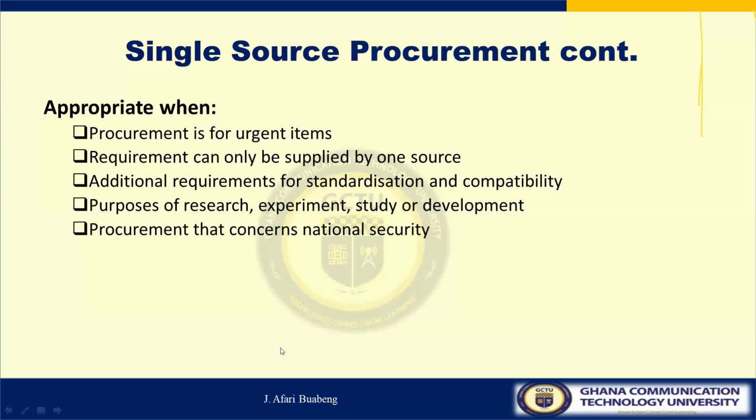Even though it is restricted, there's some level of competition with restricted tendering than single source or sole source. But if it is about life and death, then I would advise that you use single or sole source.